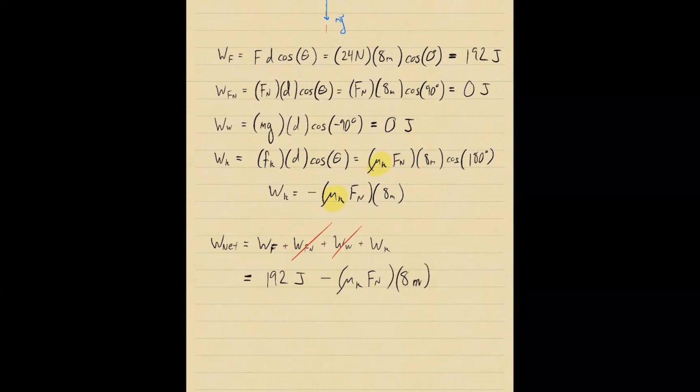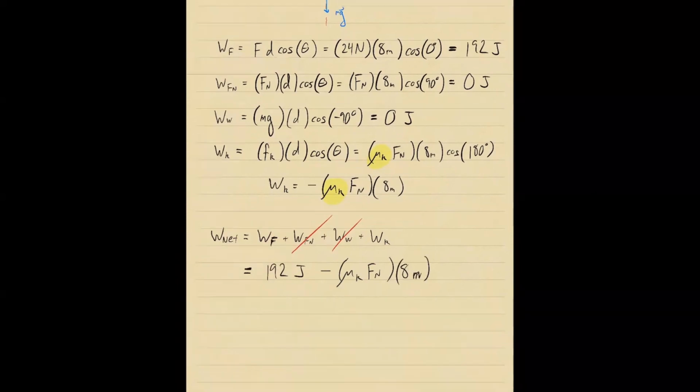So that's the net work done. But according to the work energy theorem, the net work done is equal to the change in kinetic energy of an object. So it's the final kinetic energy of an object minus the initial kinetic energy of an object, right?